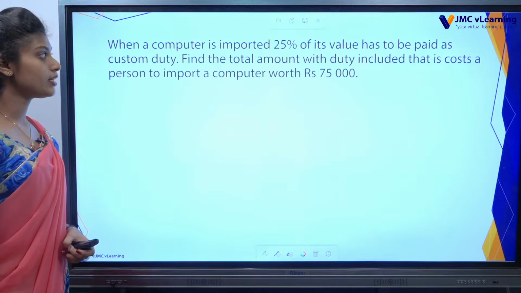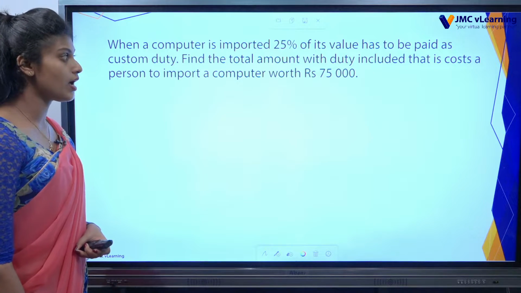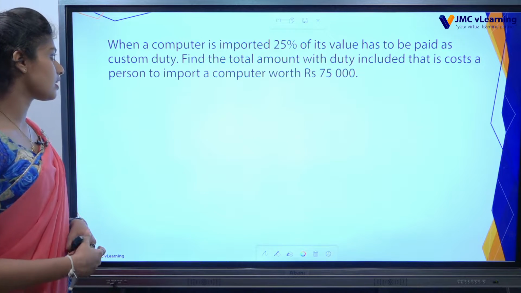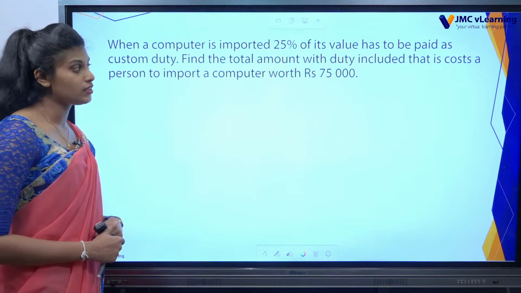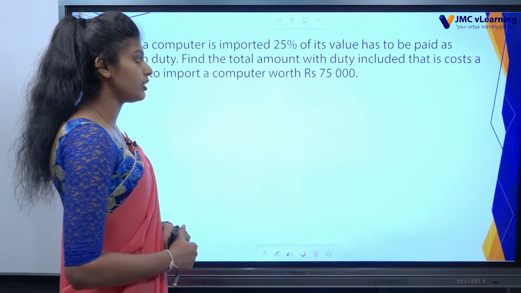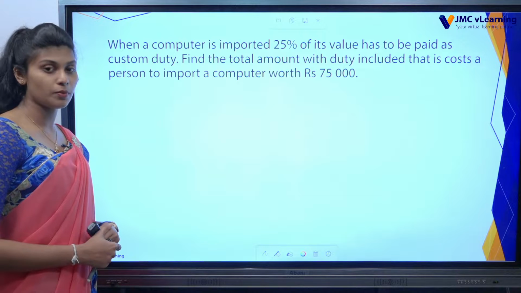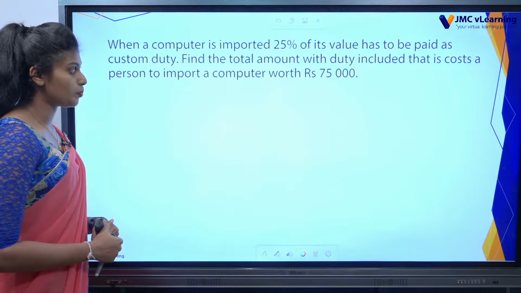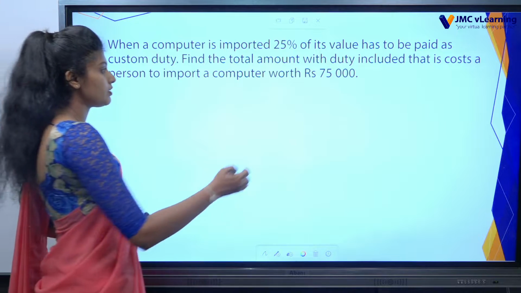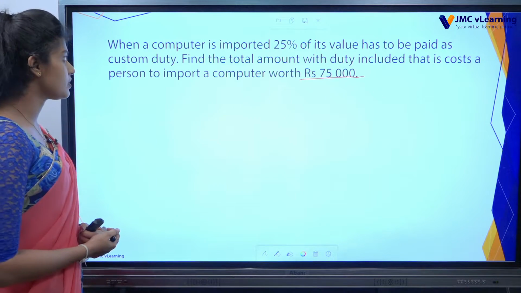When a computer is imported, 25% of its value has to be paid as custom duty. Find the total amount with duty included that it costs a person to import a computer worth 75,000 rupees. Then 75,000 is the worth of the computer.